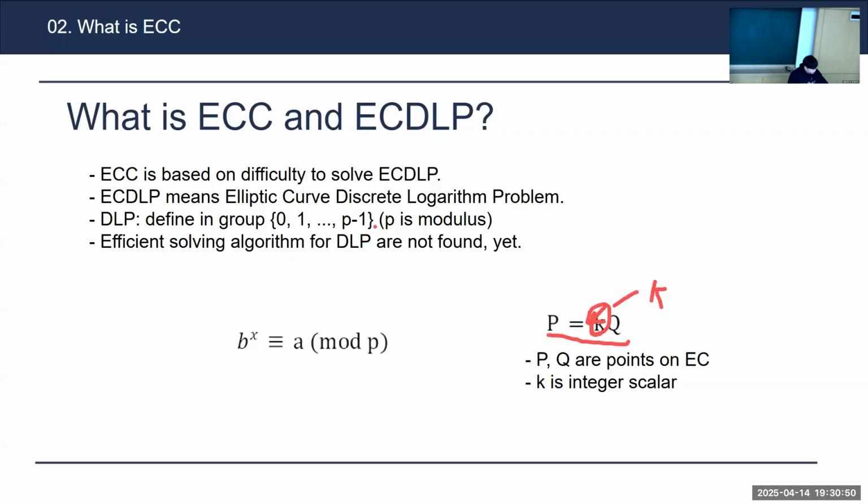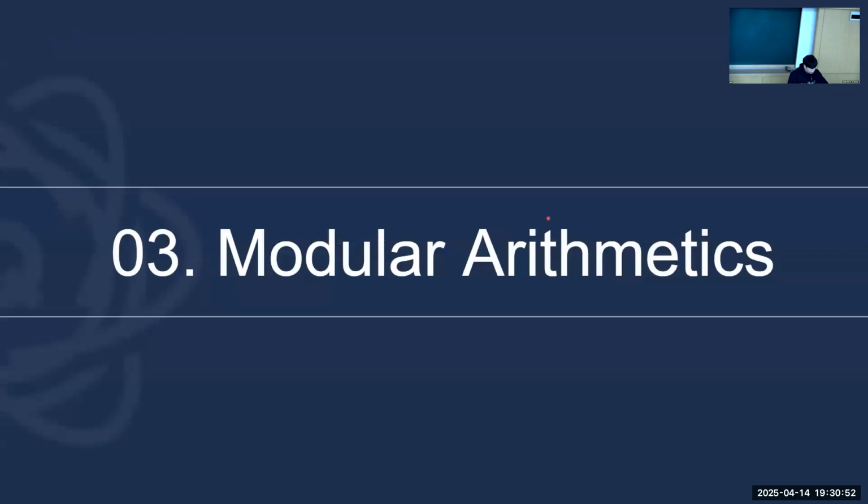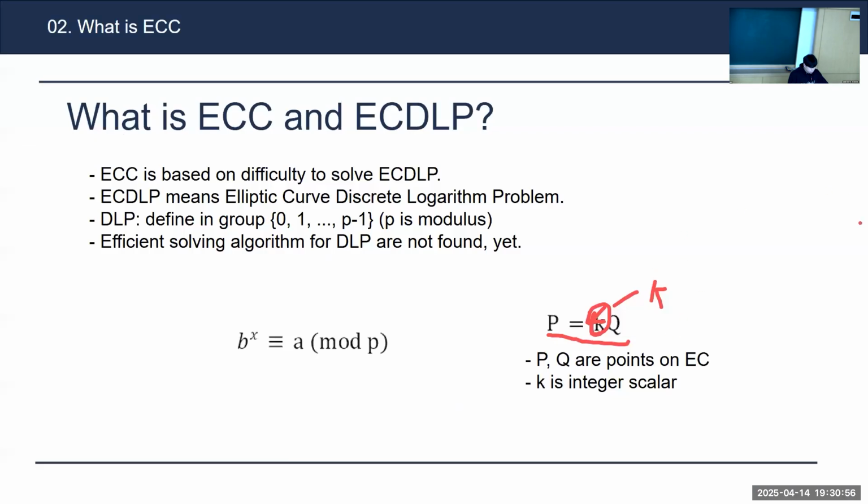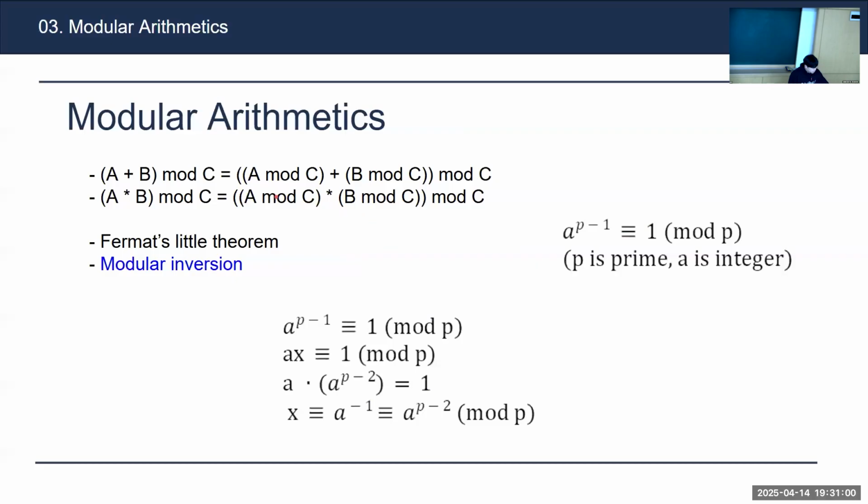So we need modular arithmetic for quantum circuits. Modular arithmetic is like this, just a little definition, and I think the important part is modular inversion.